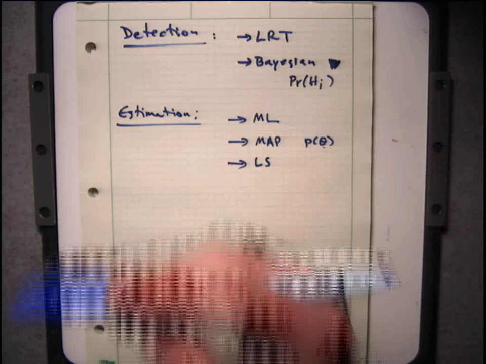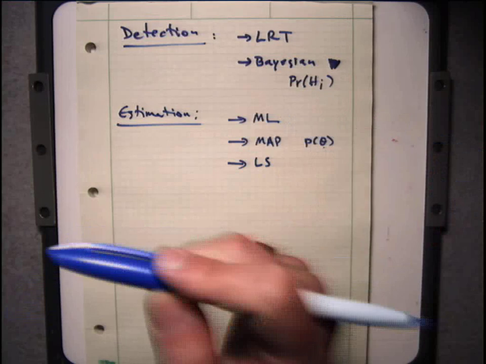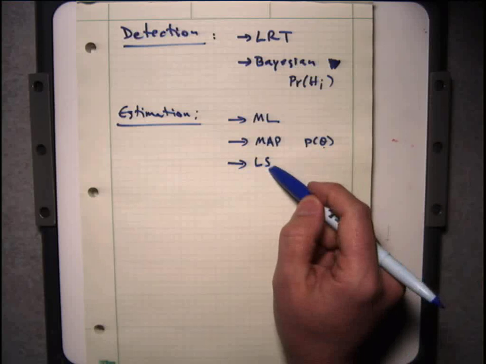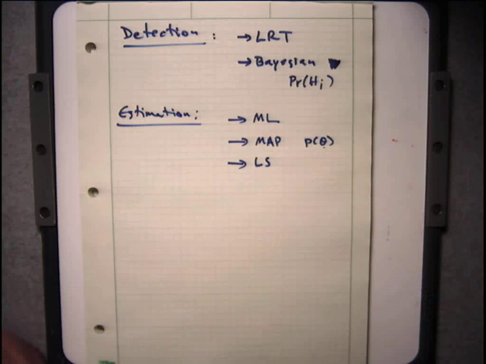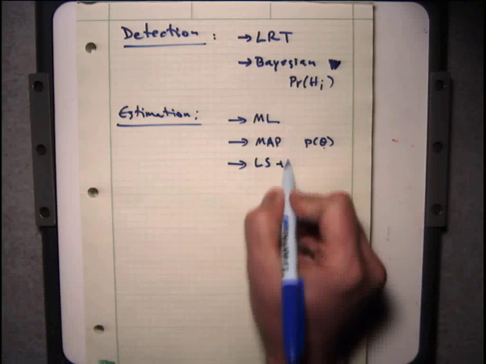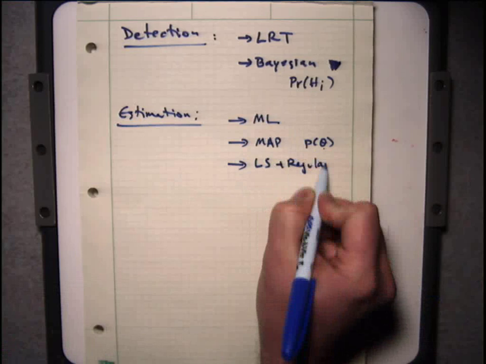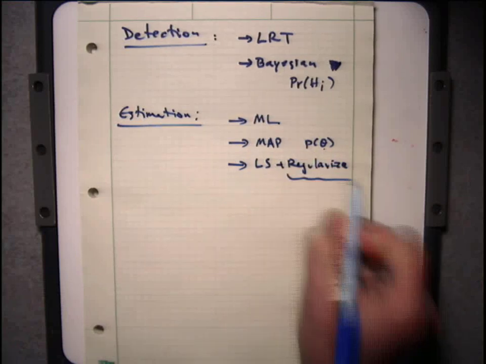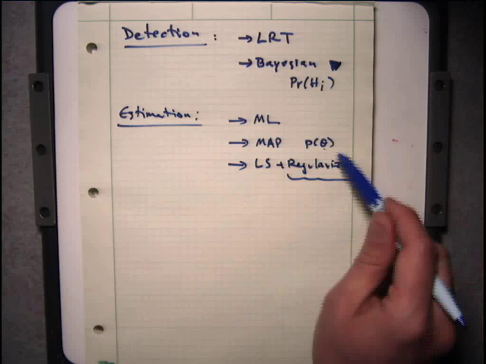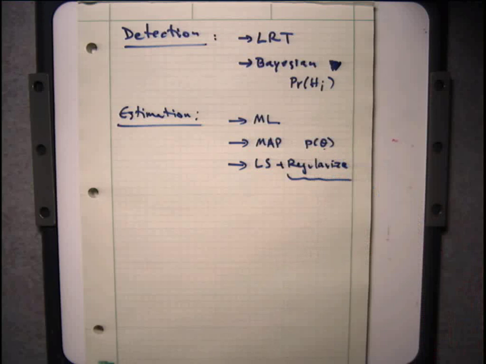If the noise is Gaussian and correlated, then weighted least squares coincides with maximum likelihood. We also talked about when least squares gets regularized. Regularization adds an additional penalty to the cost function that you're minimizing. And it turns out that additional penalty is equivalent to assuming a prior density. Okay?